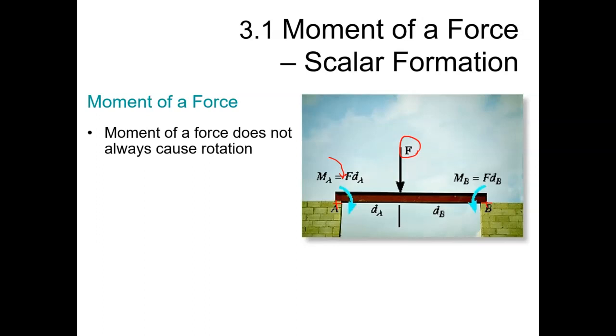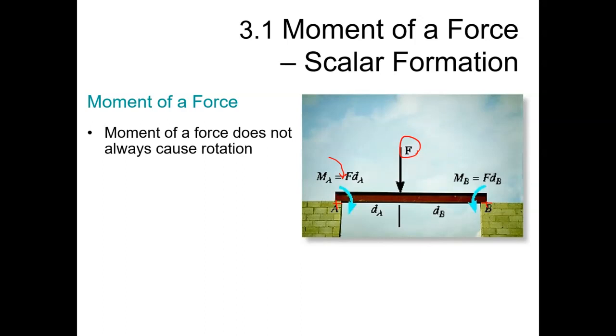If a building or a bridge is not stationary, that means it collapses. So in this subject, for every complex structure that we analyze, the total rotation should be equal to 0. The net rotation should be equal to 0. That would ensure that my system does not rotate clockwise or counterclockwise.